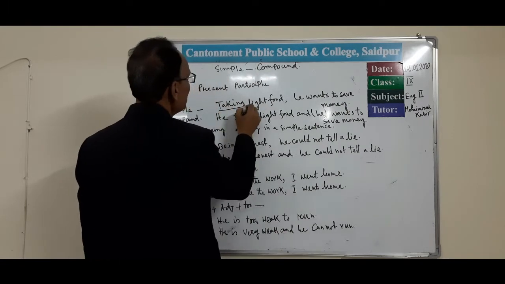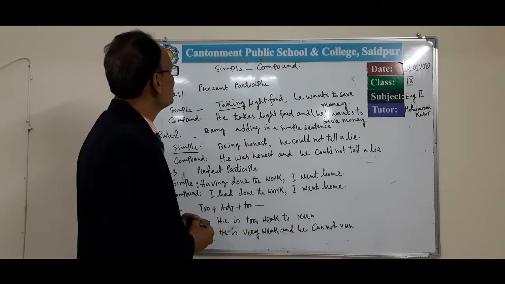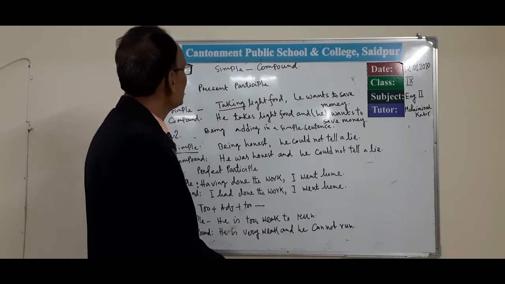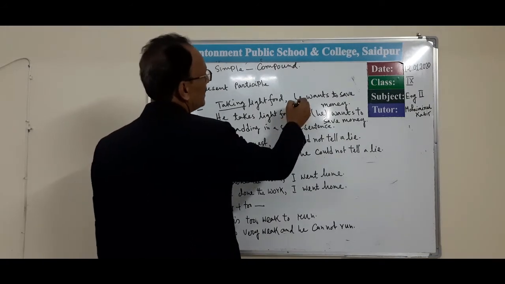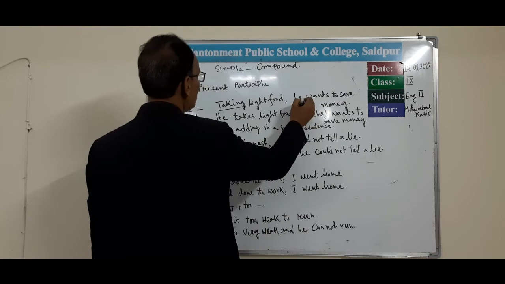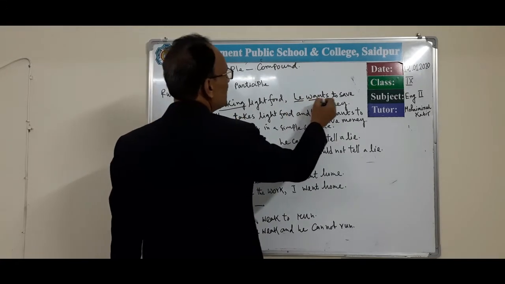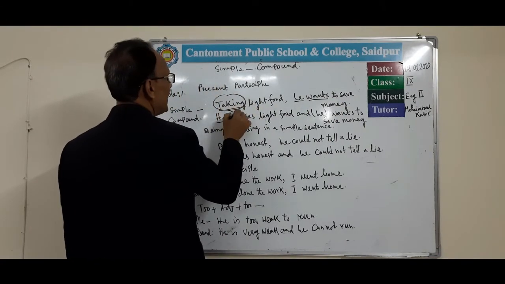Whenever a verb takes plus ing, it is a present participle. So whenever you get the present participle, the subject we use in the main clause will come first. That means he, and since it is present tense, the verb taking will be takes.